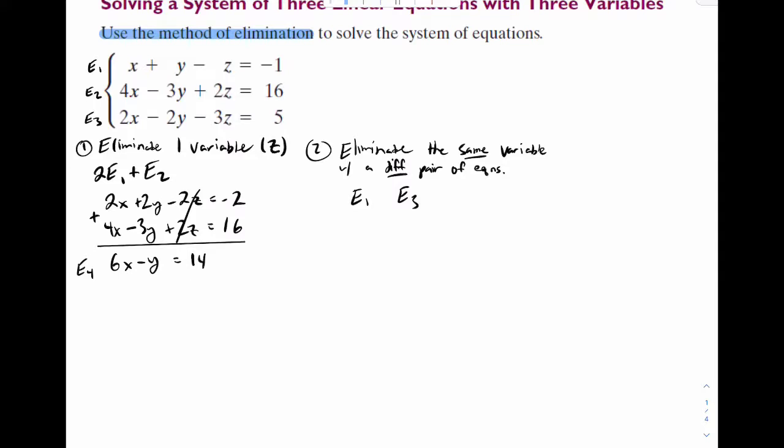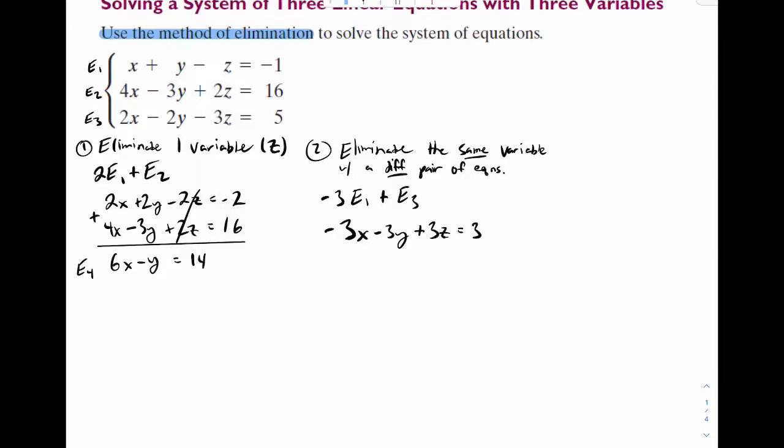So for E1 and E3, if I want to cancel out Z, there are lots of ways to do it. The easiest way in my mind would be to multiply E1 by -3 and then leave E3 alone. Because -3 times E1, that would be -3x minus 3y plus 3z would equal 3.